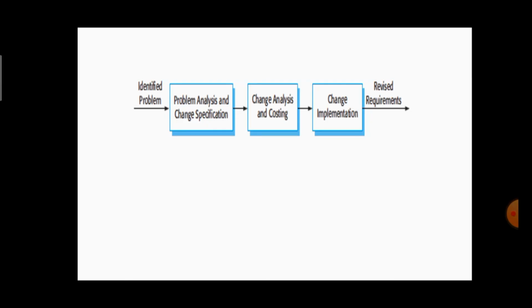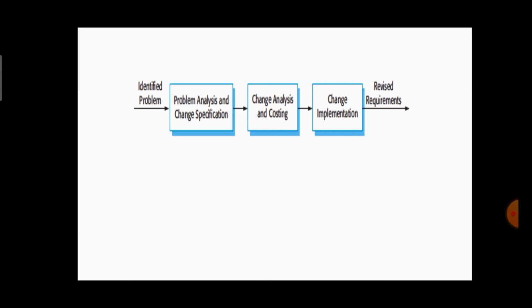So, change specification. Change specification means the changes you have to include in your software. The details will be there in the change specification. Once the analysis is done, you can do the change analysis, and mainly the costing and budget analysis.